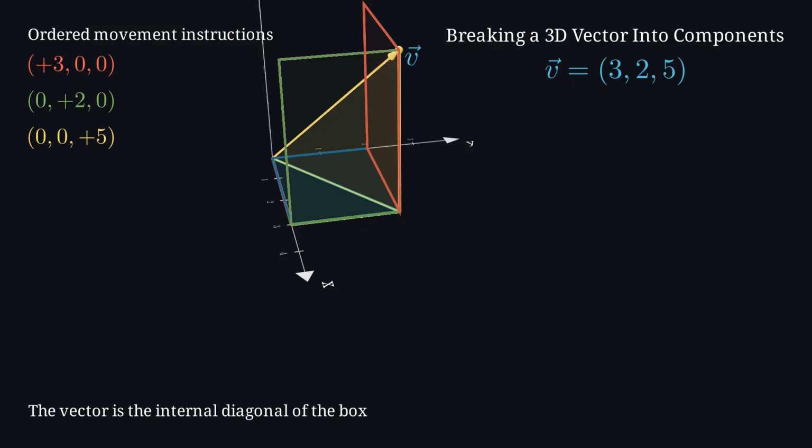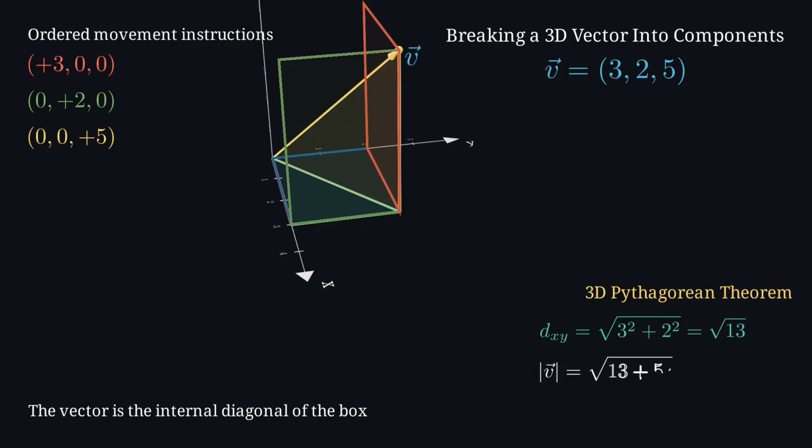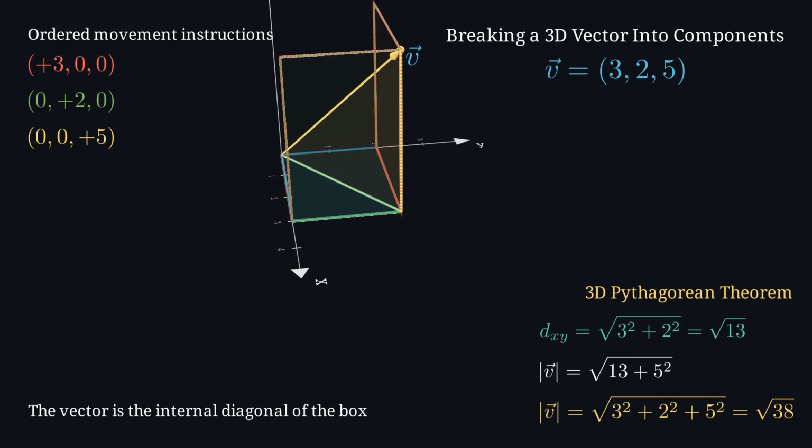It's simply the classic Pythagorean theorem we all know, but this time extended into 3 dimensions. We take the x component squared plus the y component squared plus the z component squared and take the square root of the entire sum. The result, the square root of 38, is the absolute magnitude of our vector, the exact physical distance of the move.